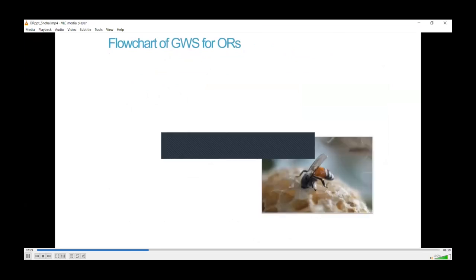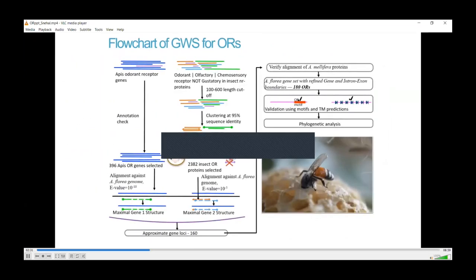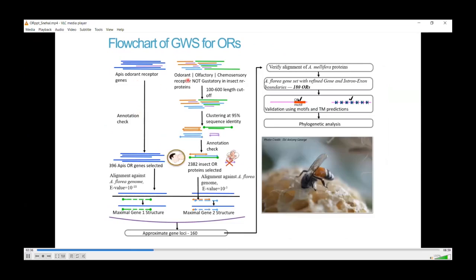We defined our bioinformatics pipeline. Here we started with olfactory receptor genes and proteins from the other insects and searched into the newly sequenced genome of Apis florea. With this pipeline, we ultimately found 180 olfactory receptors.